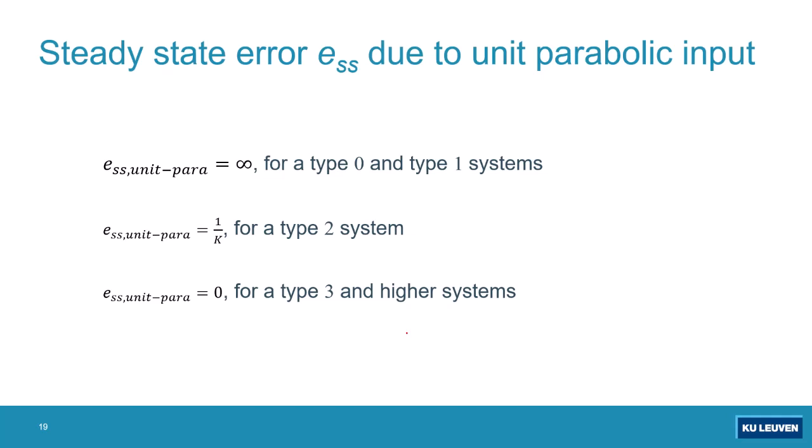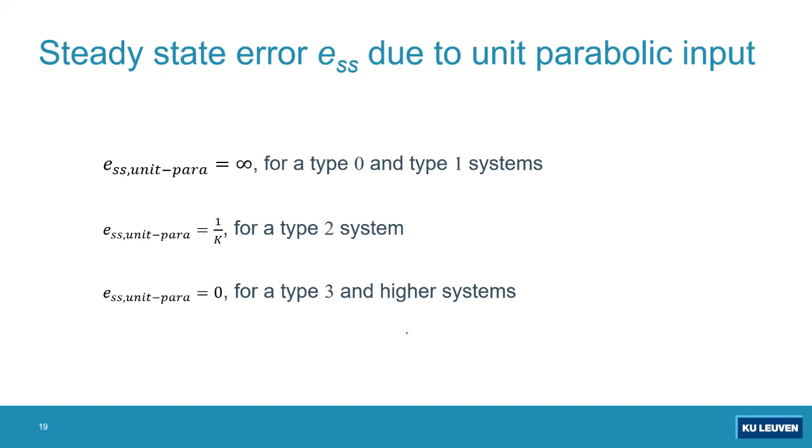In this case, the steady state error because of unit parabolic input will be equal to infinite when we have type 0 or type 1 system, which means the systems here, either type 0 or type 1, will not be able to follow the unit parabolic input.